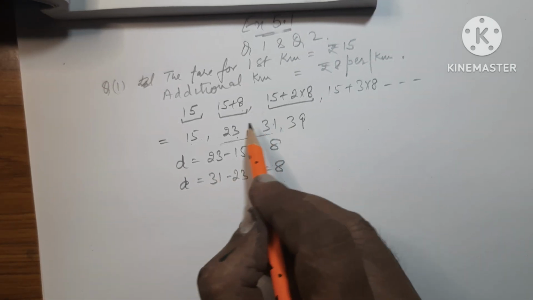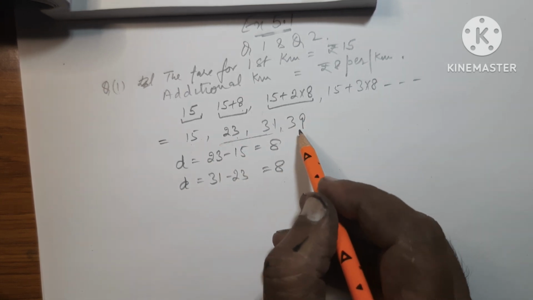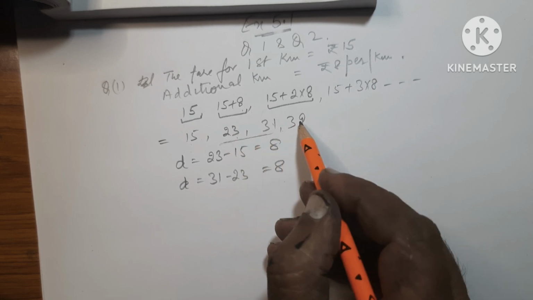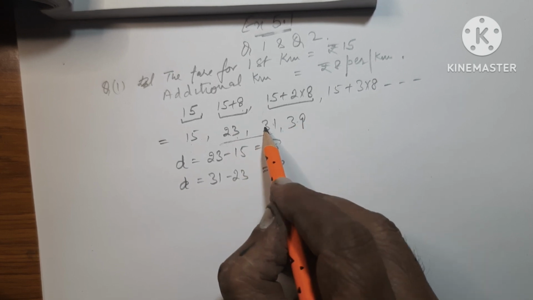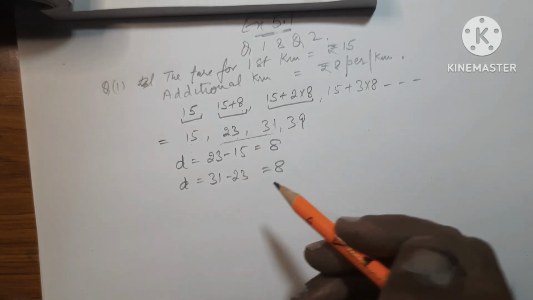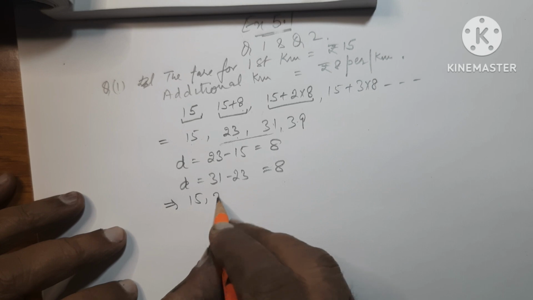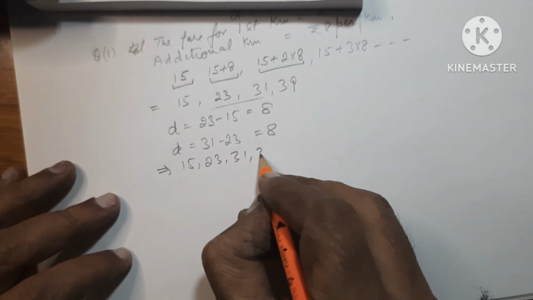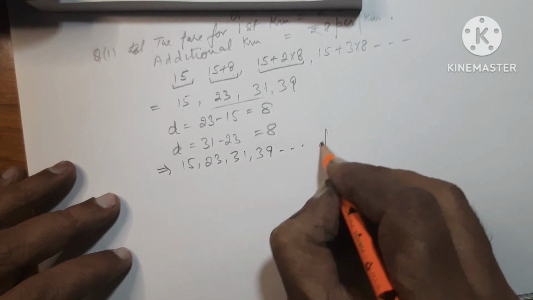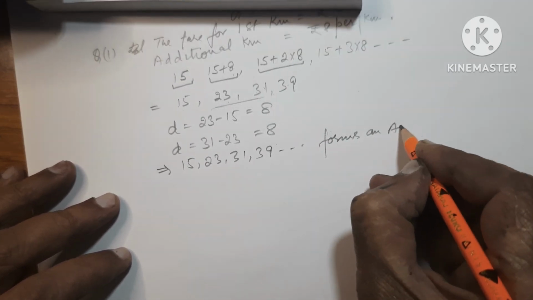From the next term, we subtract the previous term, from anywhere. In the given AP, we can check at any place the difference between the next term and the previous term. So D is fixed. Therefore, 15, 23, 31 and 39 form an AP.